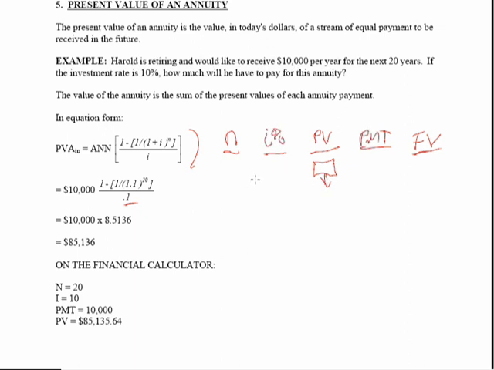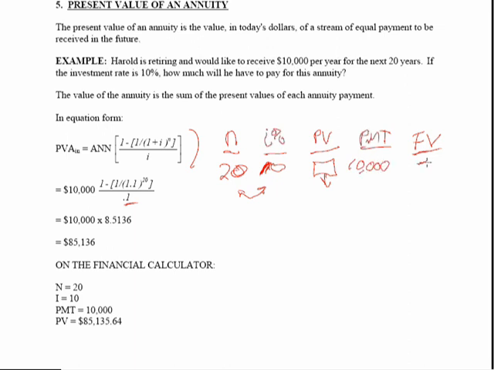And then once again, fill in the N, the I, and the annuity amount. The N is 20. The interest rate is 10, good old 10%. In the problem sets, we'll use plenty of other interest rates besides 10%, but 10% is nice and easy. Once again, these are in the same units. 20 is in years, and 10 is per year. The payment, or the annuity, is 10,000.